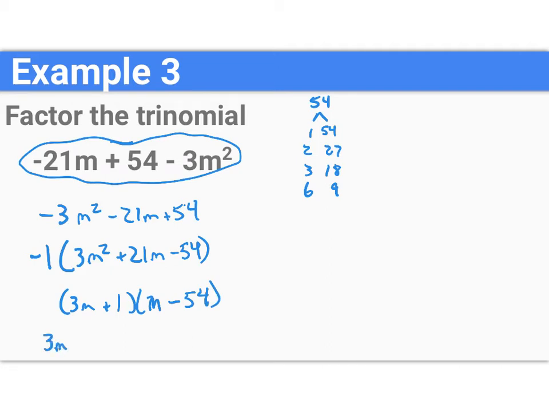So I get 3m squared. 54 times 3. 3 5s is 15. So that's minus 162 plus 1m minus 54. Not even close. So this doesn't work. And if I go the other way, I'll get plus 162 minus 1m. So 1 and 54 do not work.